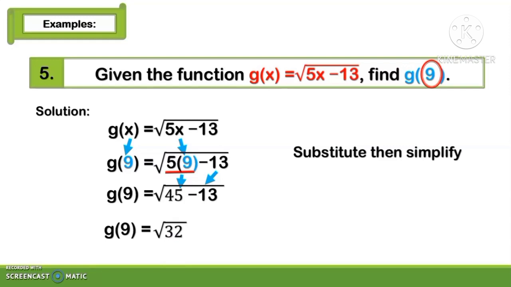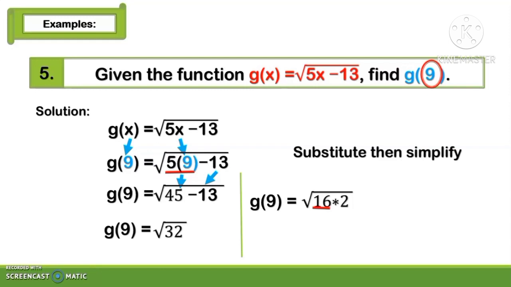Next, isi-simplify natin ngayon si square root of 32. G of 9 is equal to, hindi perfect square si 32. Pero, meron siyang factors kung saan yung isa perfect square. And that is 16 times 2. 16 times 2 is 32. And 16 is a perfect square number.